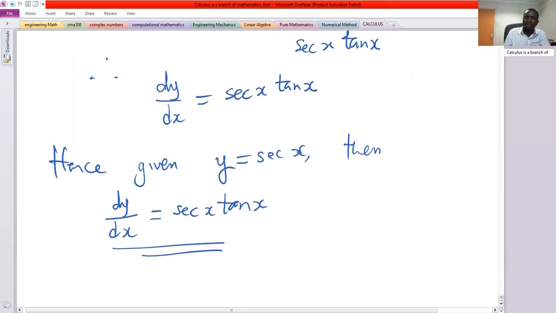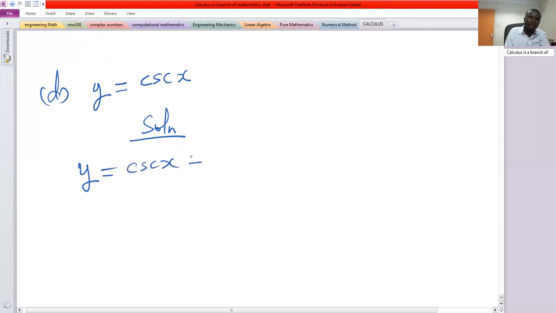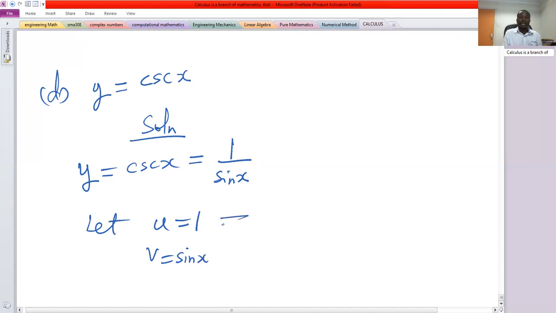The last proof: y is given by cosec x. So by definition, y equals cosec x is 1 over sine x. So let u be 1 and v be sine x. So this tells you that u prime is 0 and v prime is cos x.